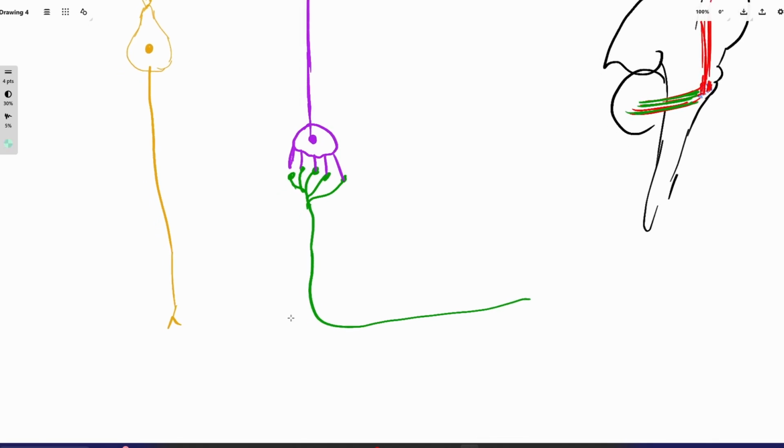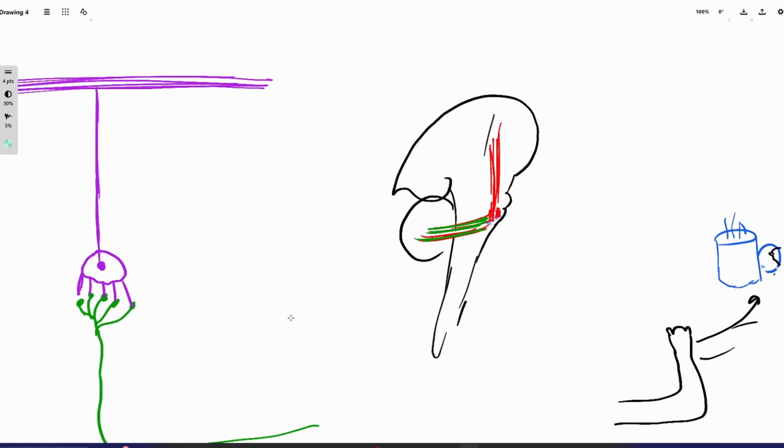Now the deep cerebellar nuclei will send axons back, and there will of course be a relay station in the thalamus in this region, and ultimately these fibers from the deep cerebellar nuclei will go back to the cerebral cortex.